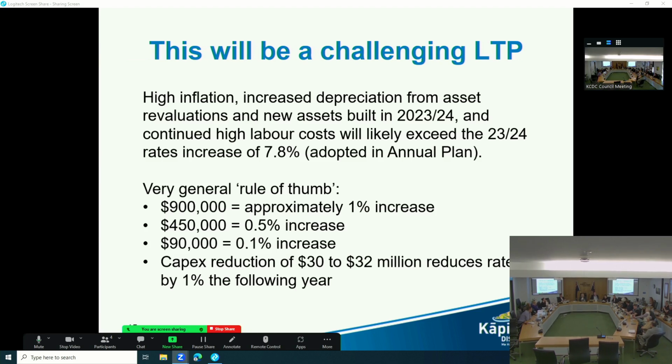Yeah, just in terms of the usual approach here with LTPs, long-term plans and annual plans, you get this suite of things that you want to do and you go, here's the amount of money we've got, and so you have to chop some stuff, right?